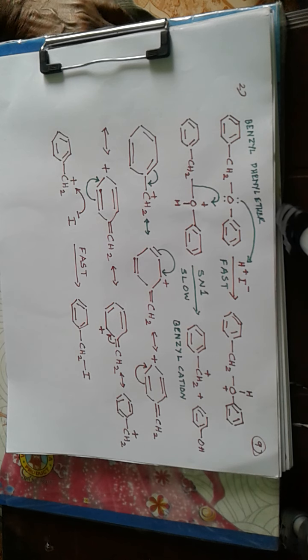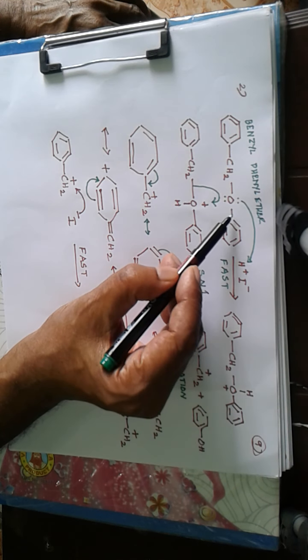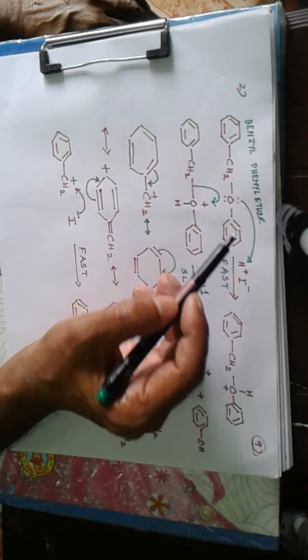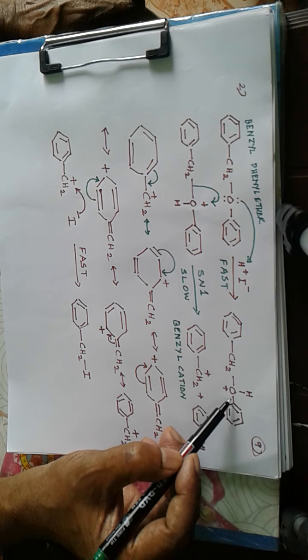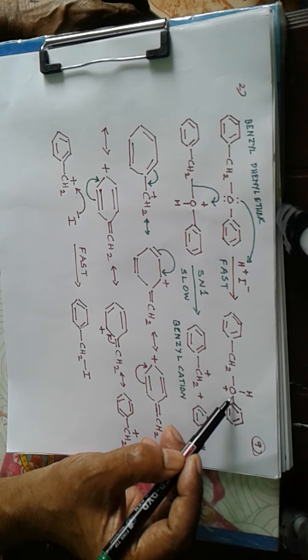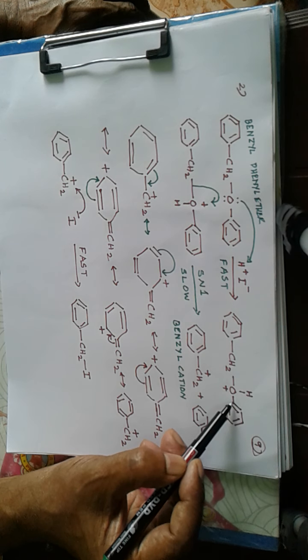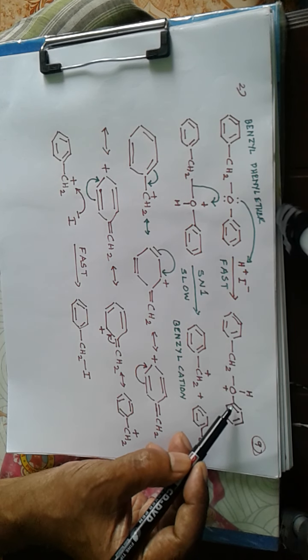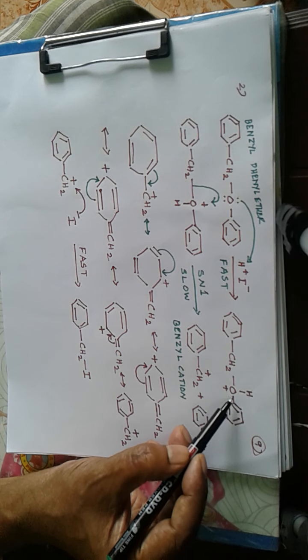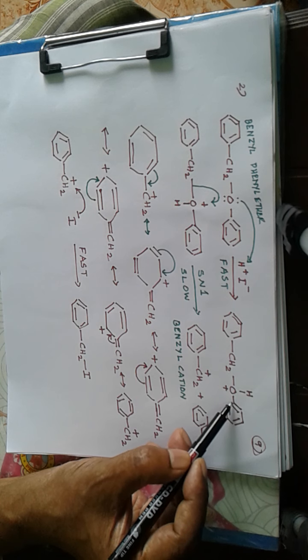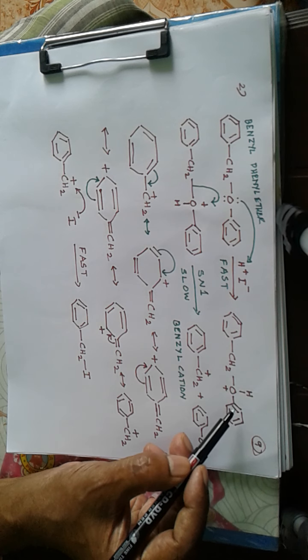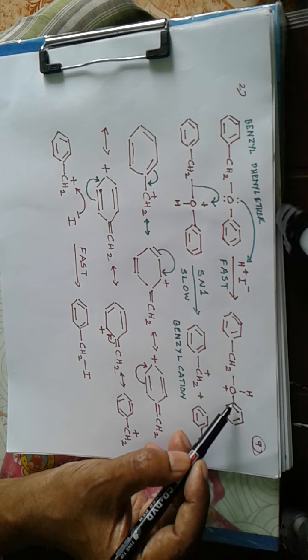Anyway, this bond will be strengthened due to resonance, we can say, but when the proton acts, this bond cannot be strengthened by resonance. But this is an sp2 carbon and oxygen overlaps with an sp2 carbon. The sp2 hybrid orbitals are shorter in length, so a shorter bond is formed, and the shorter the bond, the stronger it is.